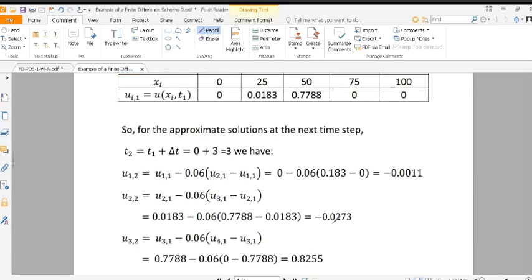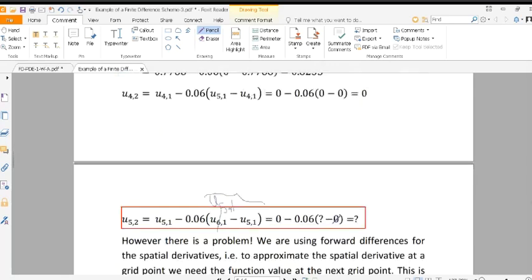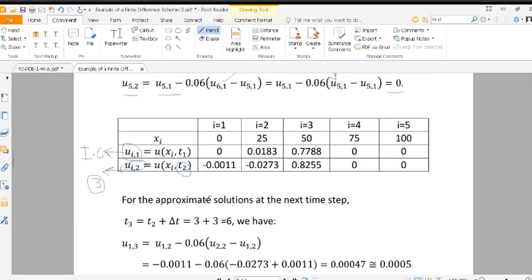Okay, until here, we have the value of u at t1 and t2. This row is the value of u at t1, and the fourth line is the value of u at t2. For example, this is u(1,1).